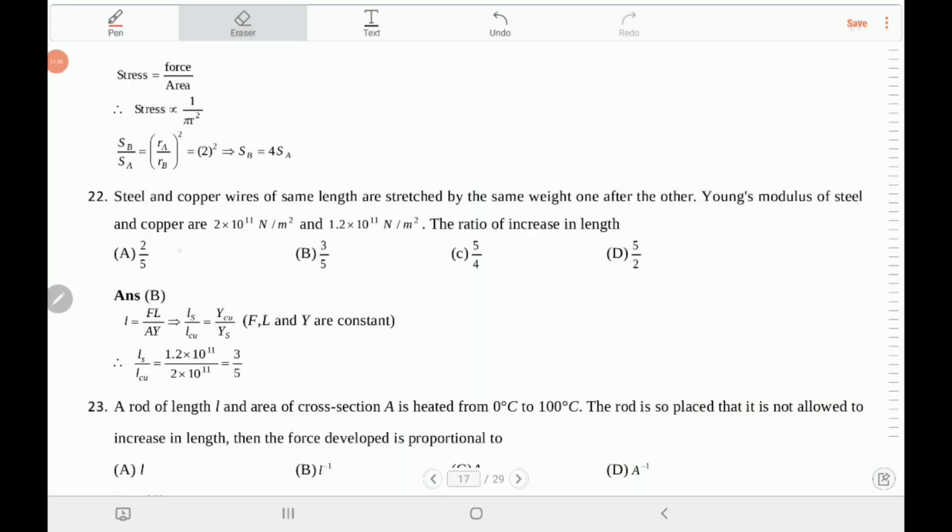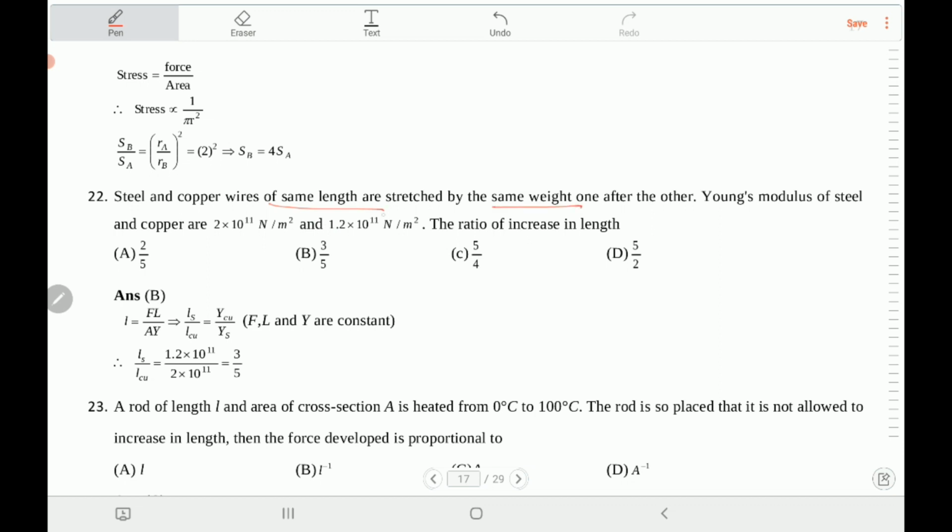A steel and copper wire of same length are stretched by the same weight, one after the other. Young's modulus of steel and copper are 2 into 10 power 11 and 1.2 into 10 power 11. The ratio of increase in length? Here, copper and steel have same length, stretched by same weight. Weight means force.